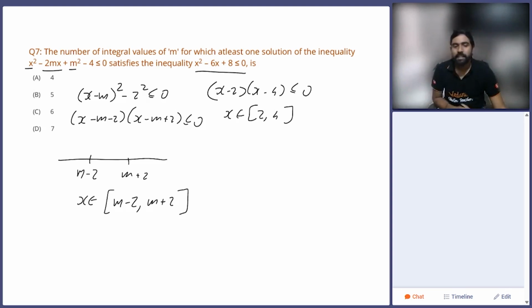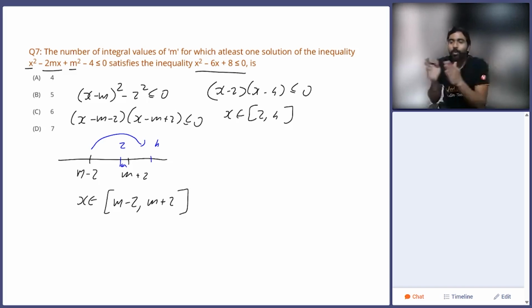Okay, now observe over here, the region [2, 4] has to overlap with this part over here. Can I say straightforward that first of all, my 2 should be less than m plus 2, and my 4 has to be greater than m minus 2. Now you might say, why exactly as such? Because this is the only condition where I can ensure that there will be at least some intersection between the two of them.